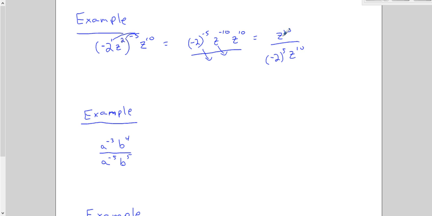Well, z to the 10th over z to the 10th is like having 5 over 5, which is 1. So I can write 1 over negative 2 to the fifth power, and negative 2 to the fifth power is negative 32. So I get 1 over negative 32, which is just negative 1 over 32. So the fraction has a negative value. This negative does not need to stay on the bottom.